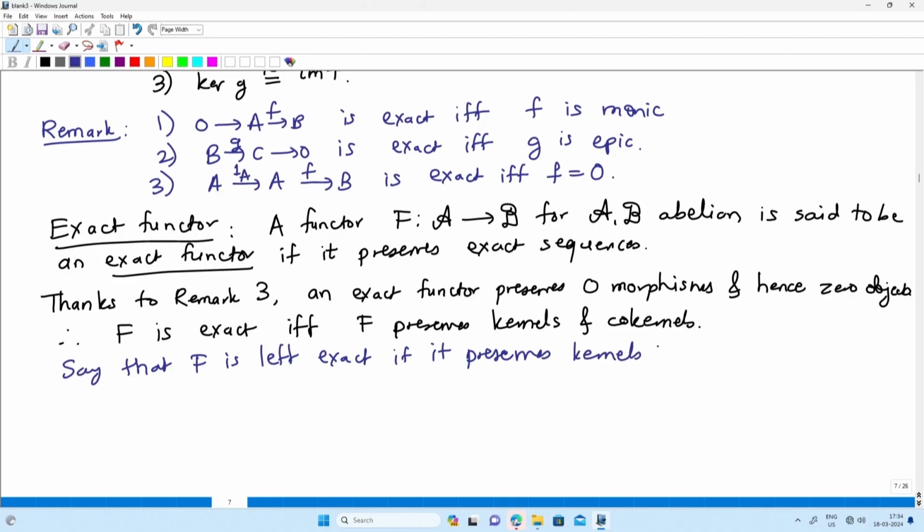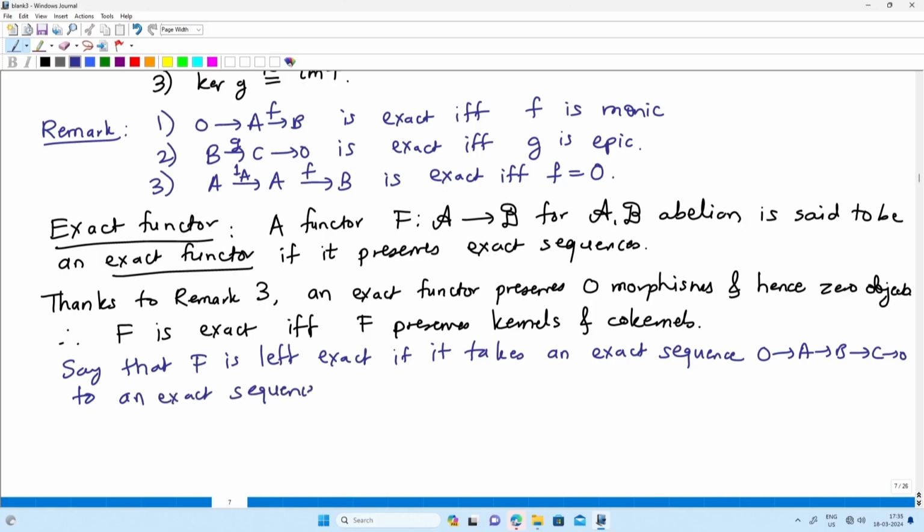I mean, if it takes an exact sequence 0 to A to B to C to 0 to an exact sequence 0 to FA to FB to FC.